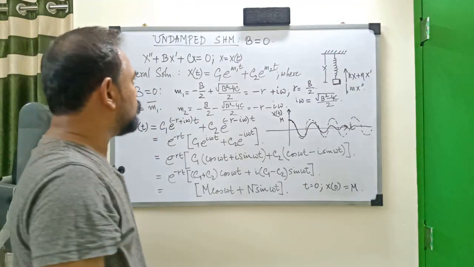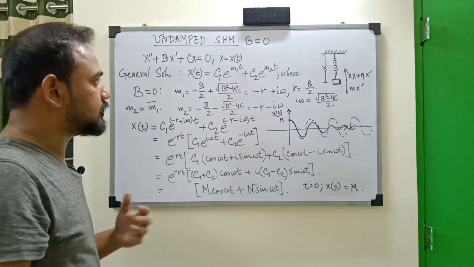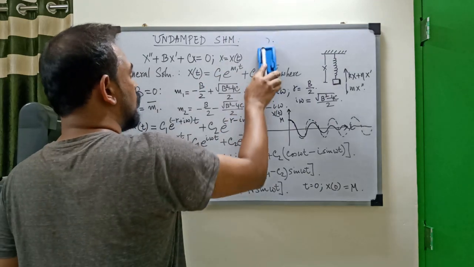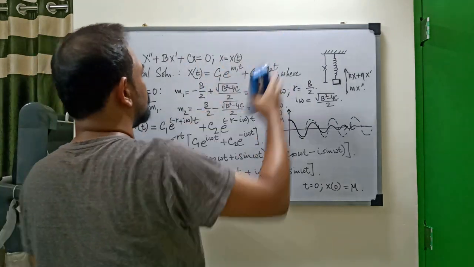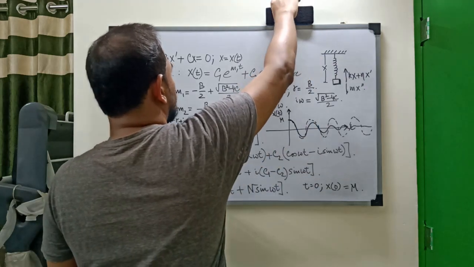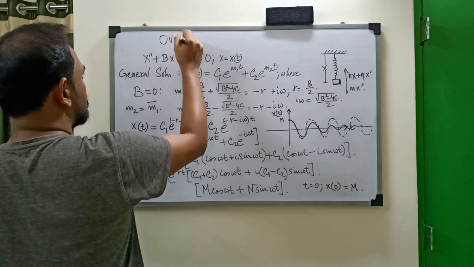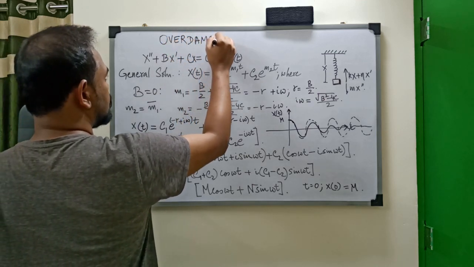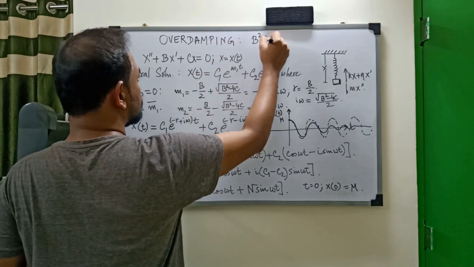Now we come to the case where it is overdamped, where the resistance is just too high, when B squared is greater than 4C. So we're now discussing overdamping: B squared greater than 4C.